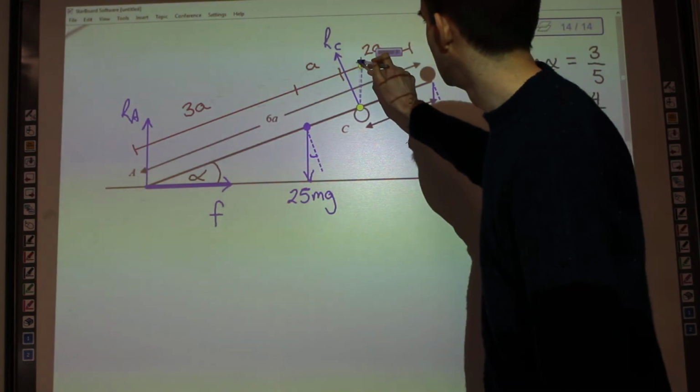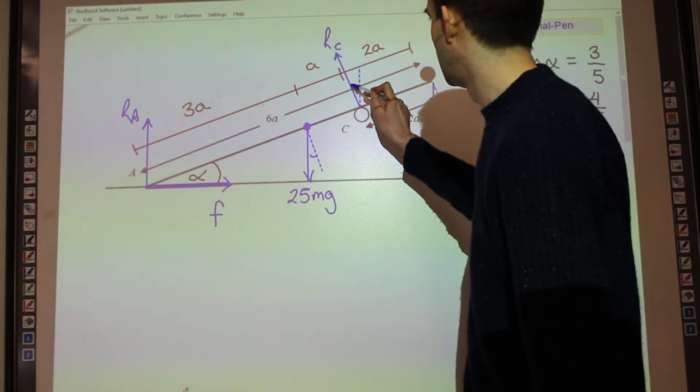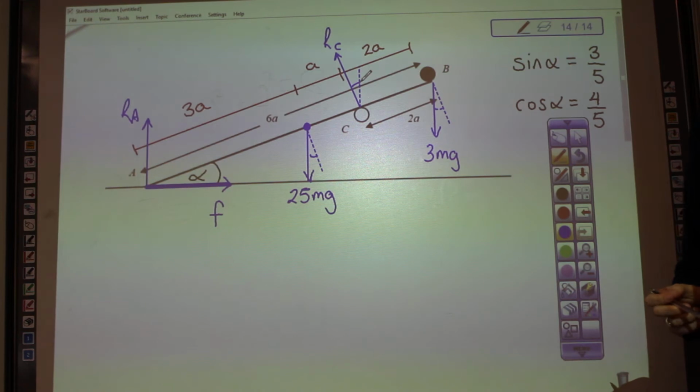Again, I know, I like drawing vertical lines at the moment. There we go. And that angle in there is going to be alpha as well. Okay.